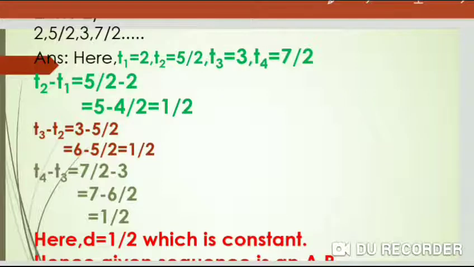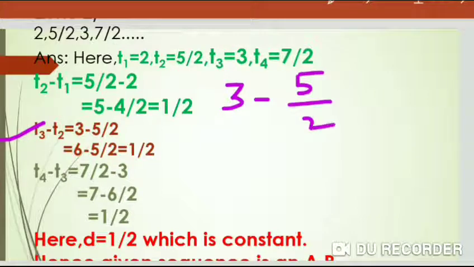Now again see the next term. See here, T3 minus T2. The value of T3 is 3 and the value of T2 is equal to 5 upon 2. Here again the denominator of 3 is 1. See, the denominators are different. Therefore, again we do the cross multiplication.